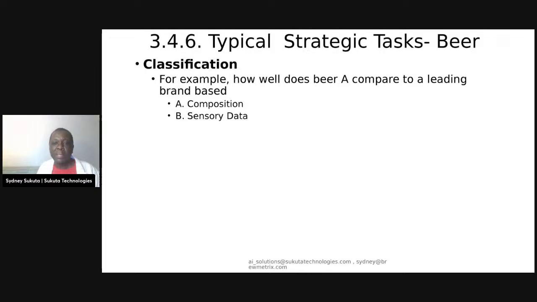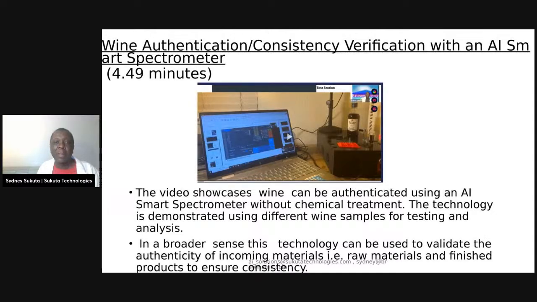So let's see what's next here. I don't think this is going to work as well, but what I'll read here: the video showcases wine that can be authenticated using an AI smart spectrometer without chemical treatment. The technology is demonstrated using different wine samples for testing and analysis. So again, this company, I had this beer, or this wine, I'm sorry.